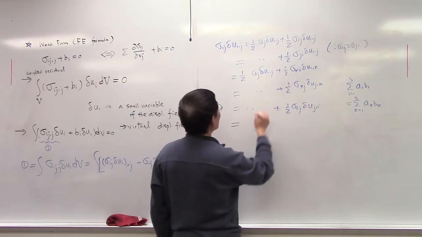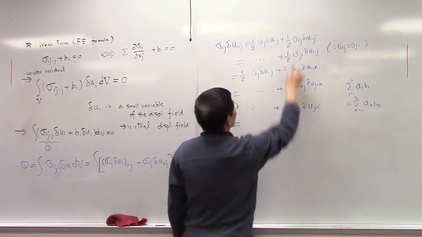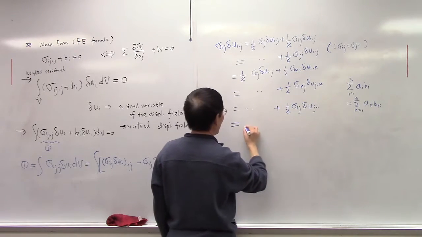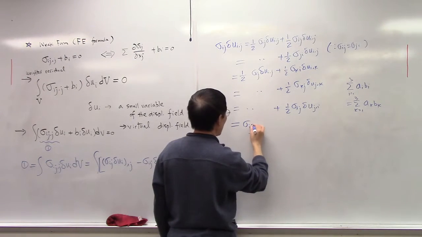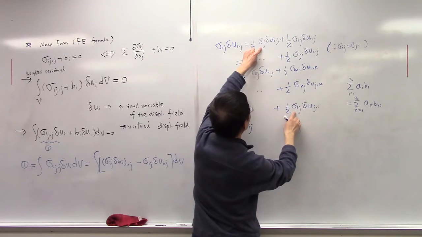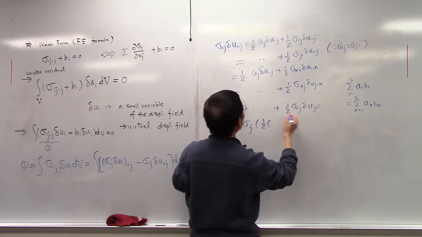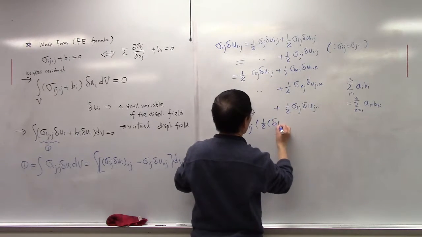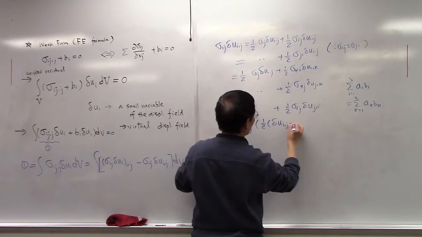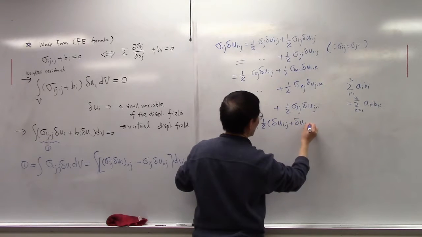Alright, at this point, this is equal to that. Now I can take sigma ij out because sigma ij is the same. Okay, then I have a half left, and then here is delta u_i comma j plus delta u_j comma i.